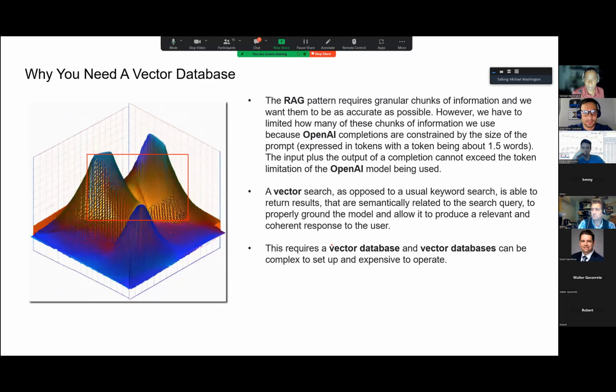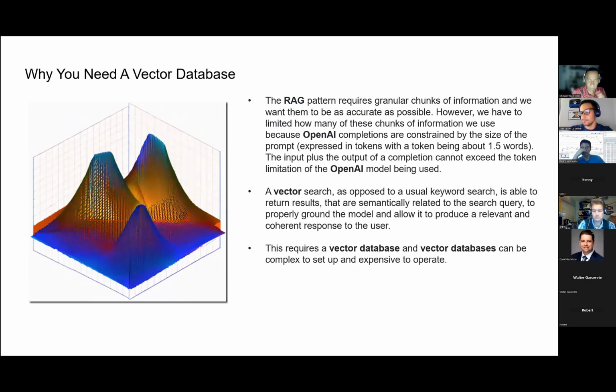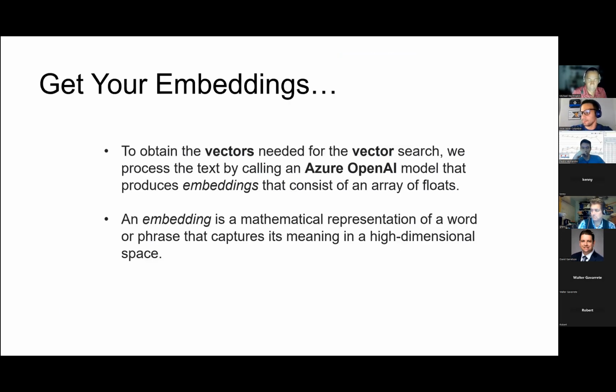If you use, say, a normal SQL Server keyword search, while you can get pretty decent results, a vector database allows you to get the best, most granular results related to the query that a person asked for. And again, I'm going to show you some ways of doing that.